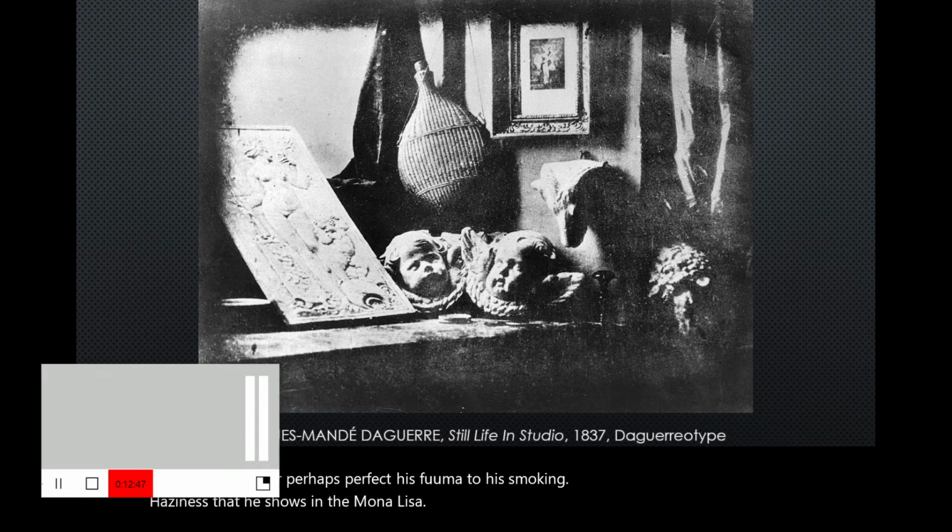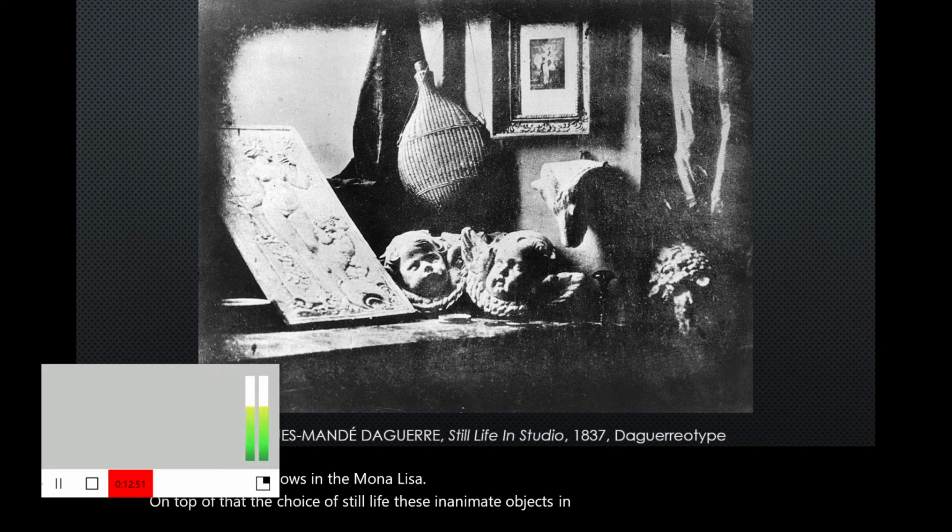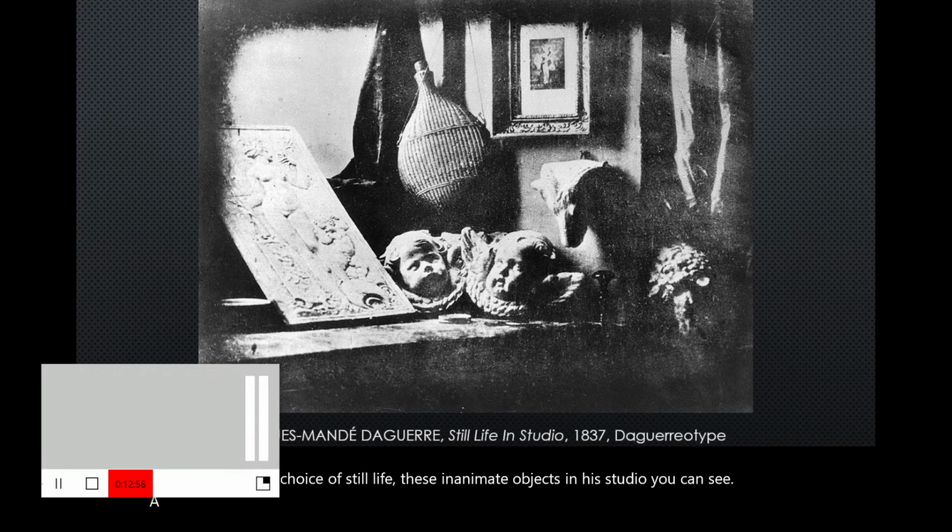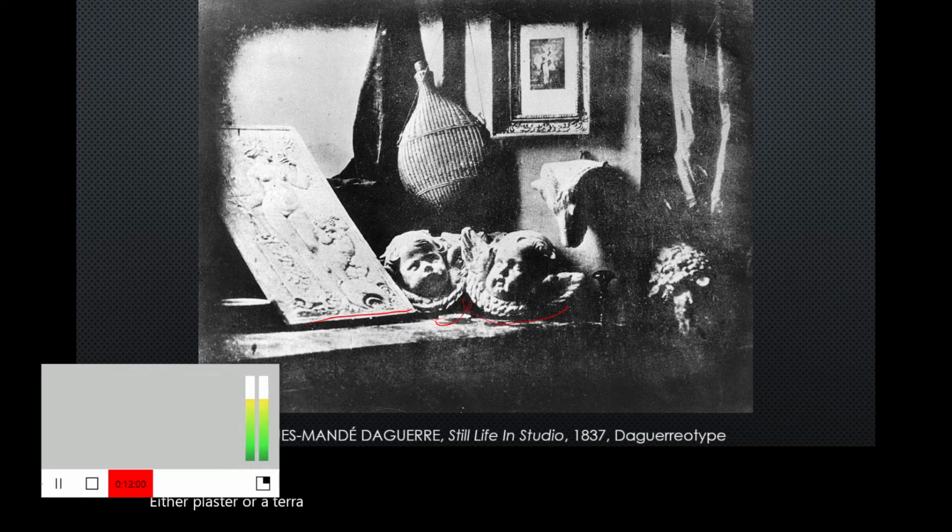On top of that, the choice of still life, these inanimate objects in his studio, you can see a couple either plaster or terracotta molds, little cherubs, angels, and photographs themselves, wine bottles.